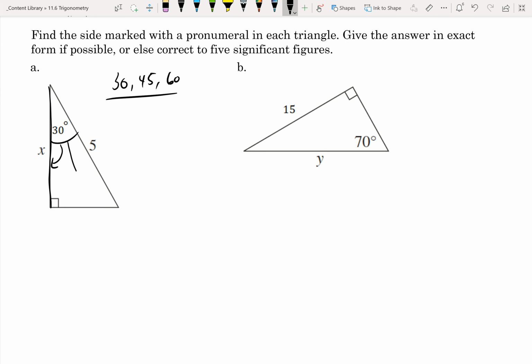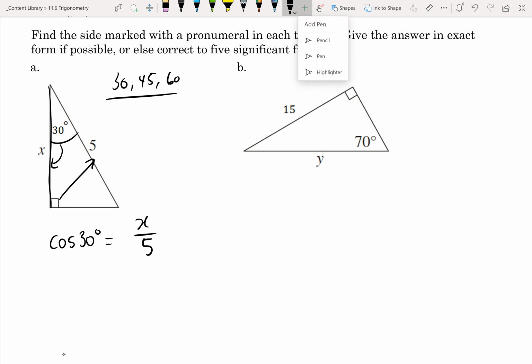It's not the opposite, it's not over here. And we've also got the hypotenuse as well. So adjacent and the hypotenuse tells me that we have cos of 30 degrees, and that is equal to adjacent on hypotenuse, it's x on 5.